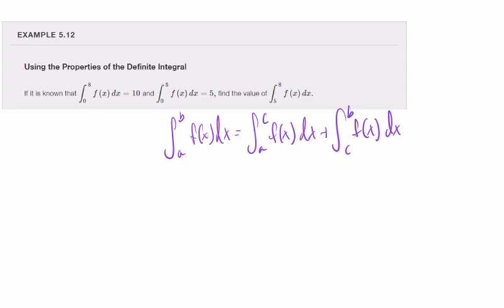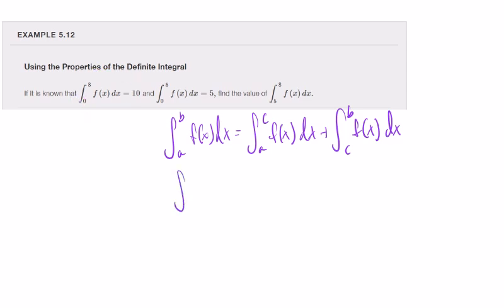Okay, so here we have that going on. So we just need to figure out what's on the left side, from the lowest endpoint to the highest endpoint. And the lowest is 0, right? And the highest is 8. So this is the one that we want to put on the left.